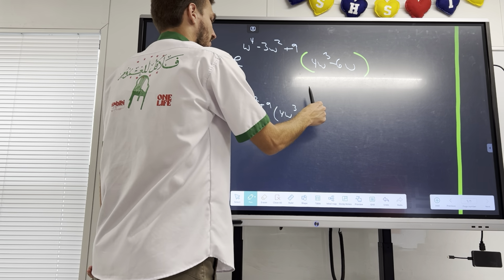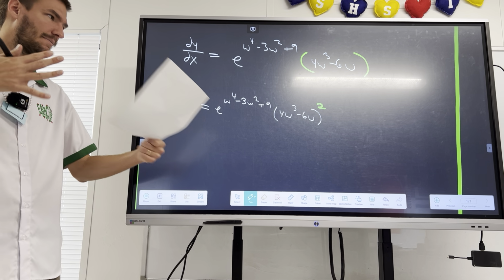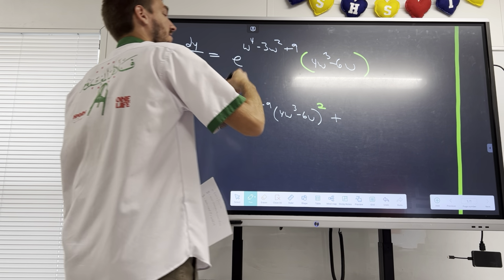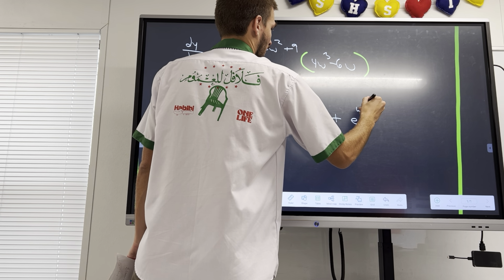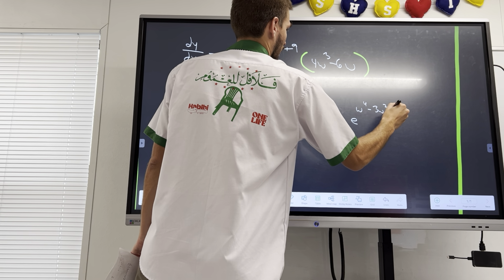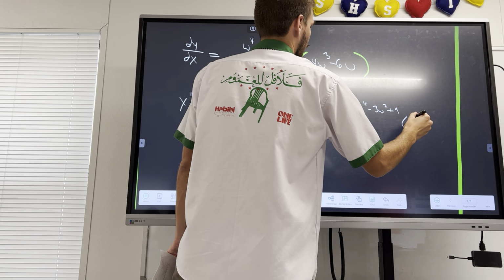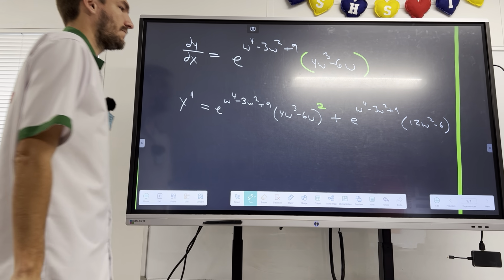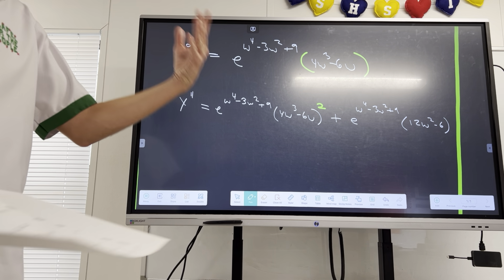So I'm just going to put a squared on this, because the one that came out this time is the same as the one that came out last time. And then product rule. So we need to leave this one alone, and then take the derivative of the second piece, which would be 12w squared minus 6. That's really not all that bad for the second derivative of a chain rule.